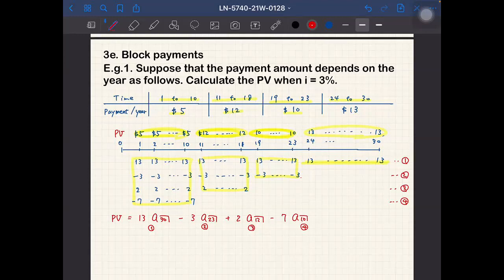Now we can apply the formula, or you can calculate each quantity with a BA II Plus.